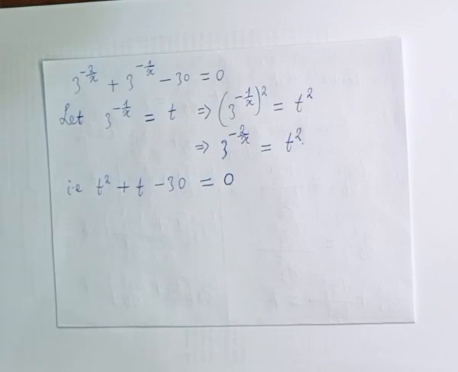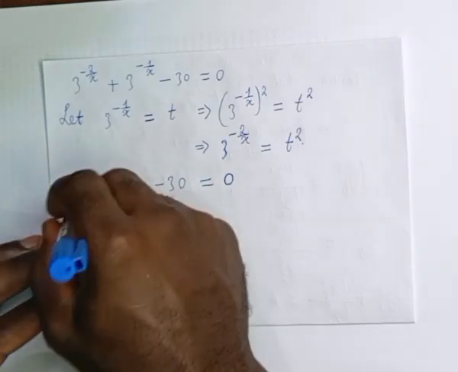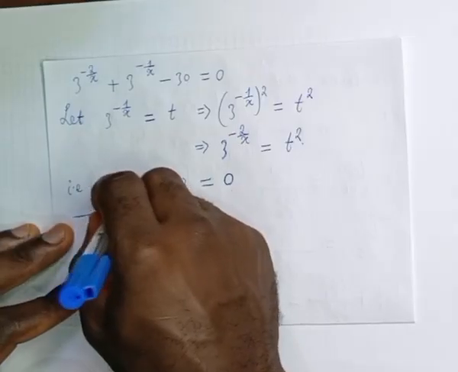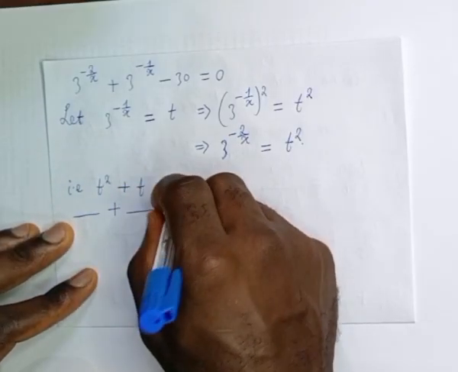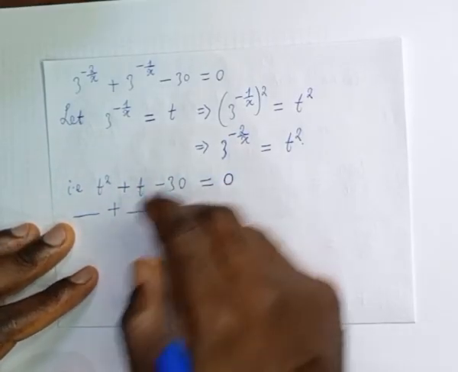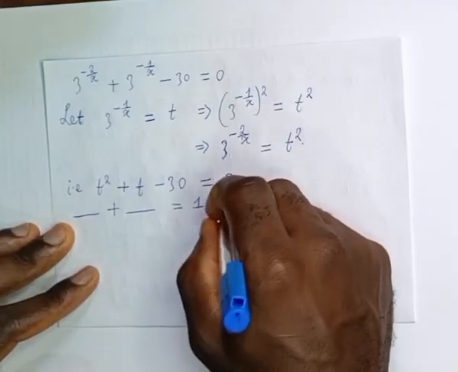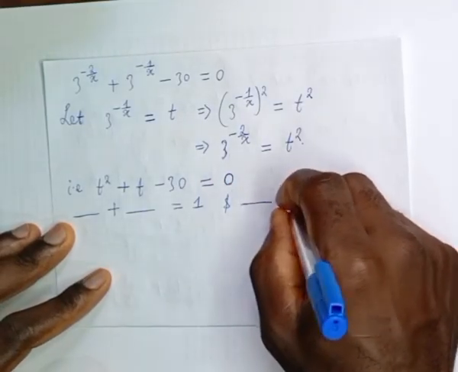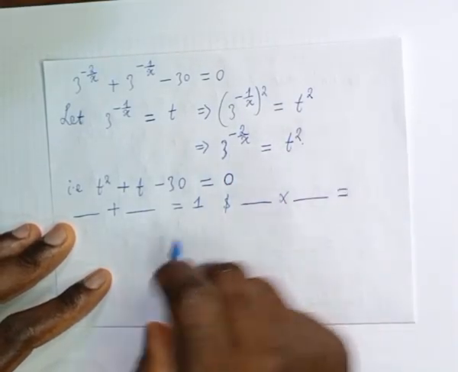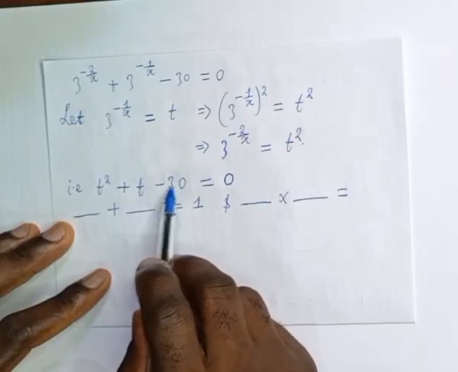We are going to make use of the method of factorization. We need two numbers such that their sum is equal to the coefficient of t, which is 1, and their product is equal to the constant, which is negative 30.